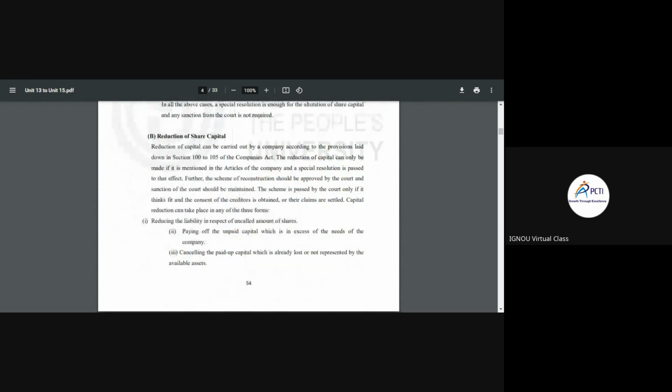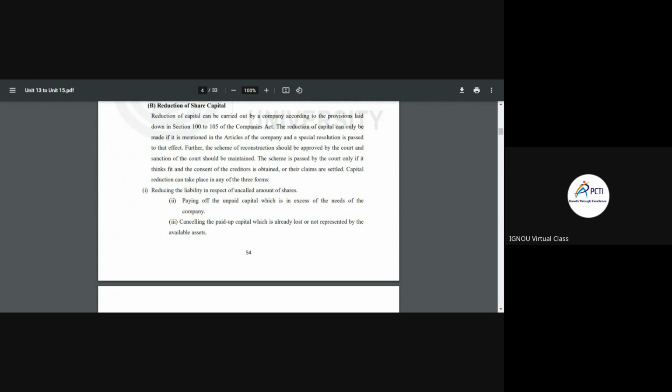Our next point is reduction of share capital. That means if we want to reduce the share capital, the reduction of capital can be carried out by the company according to the provisions of sections 100 to 105 of the Companies Act. The reduction of capital can only be made if it is mentioned in the articles of the company and a special resolution is passed to that effect.